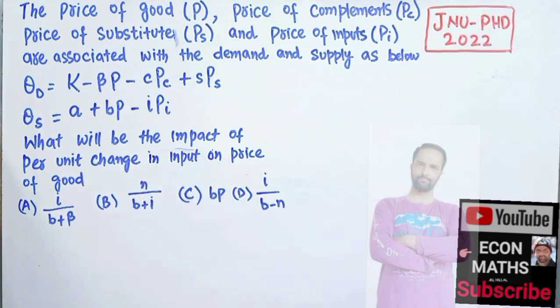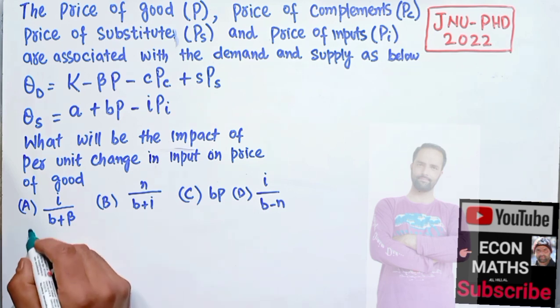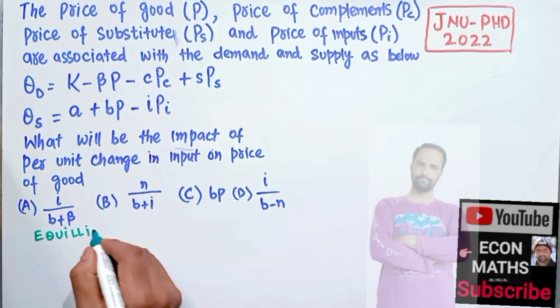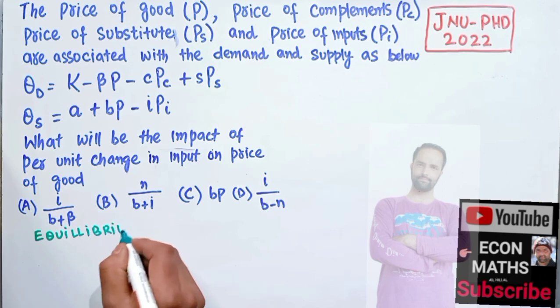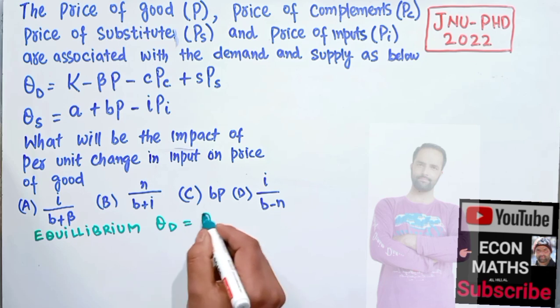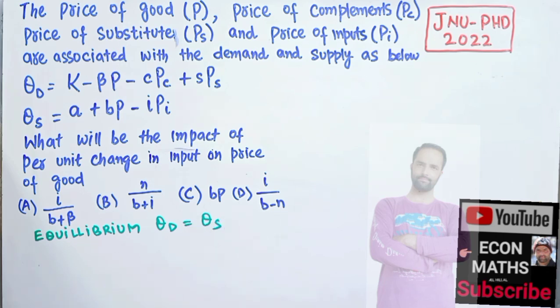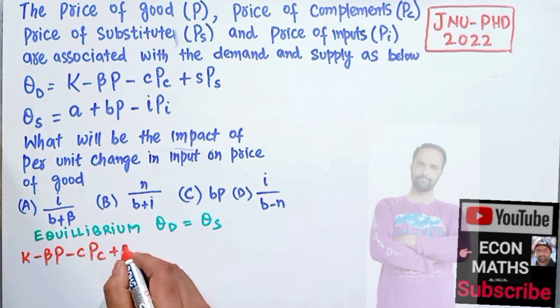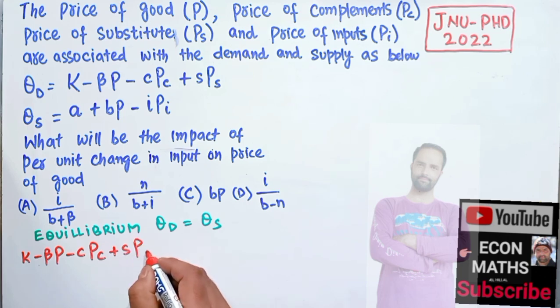First, we know that at equilibrium quantity demanded should be equal to quantity supplied. Quantity demanded is given as K minus beta times the price of the good, minus C times the price of the complement, plus S times the price of the substitute.